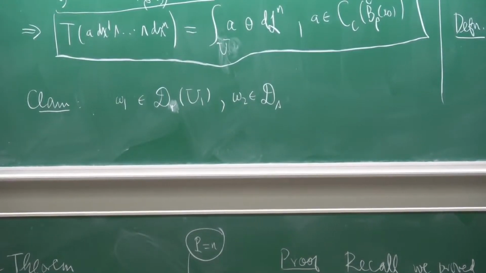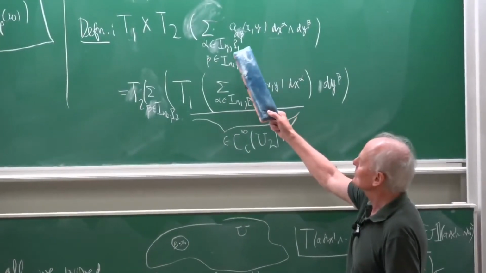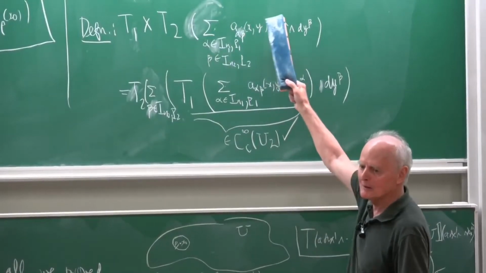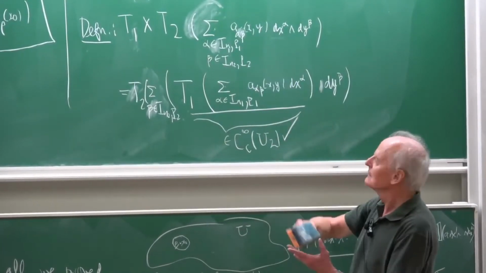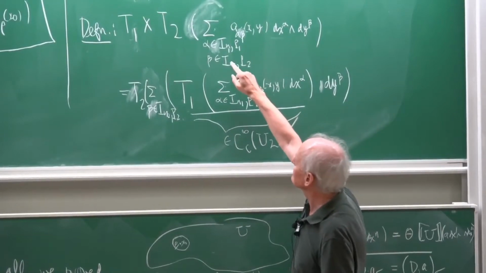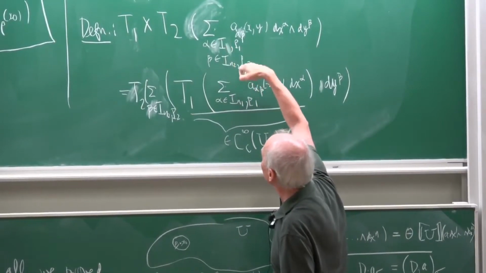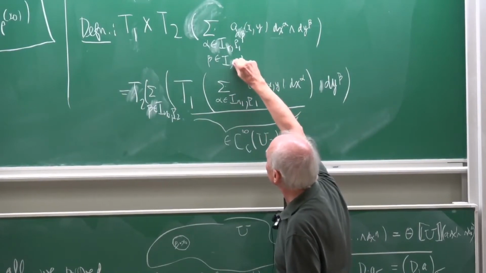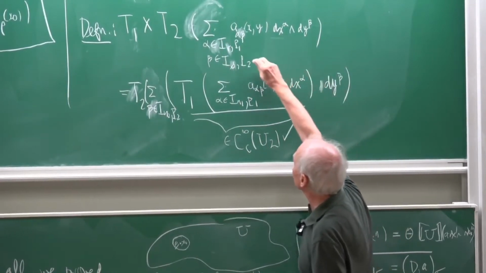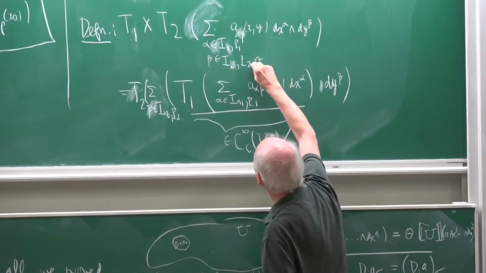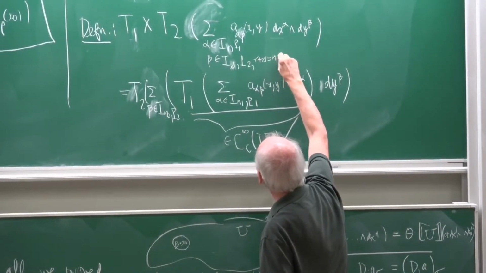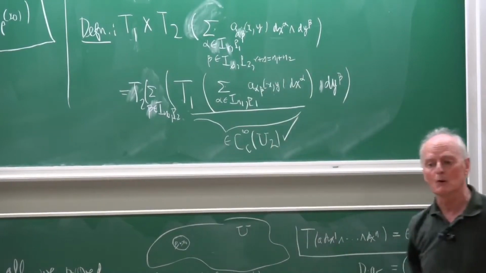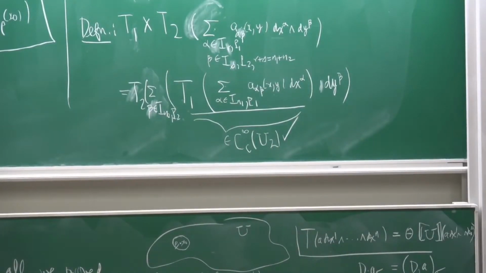You see what I've done here? That's not the most general form in the product space. The most general form in the product space is alpha in I(R, P1) and beta in I(S, P2) with R plus S equals N1 plus N2. That's the most general form, right? Otherwise, I wouldn't be giving the definition completely.